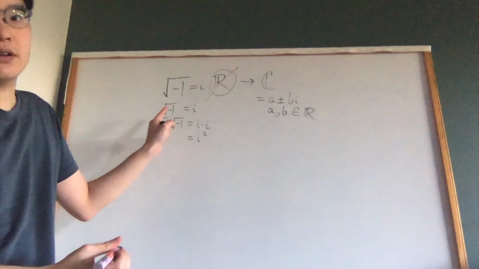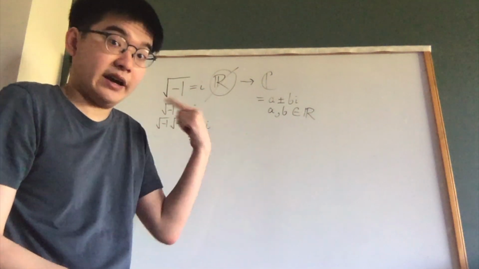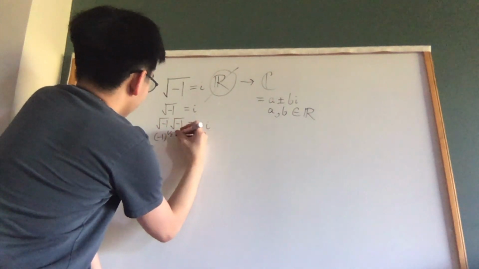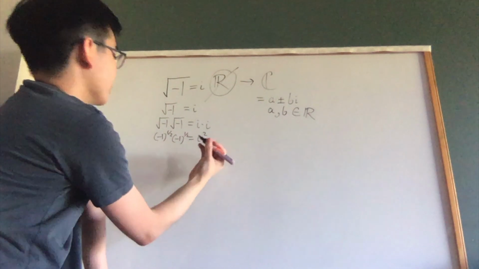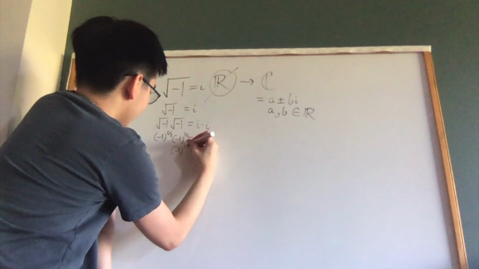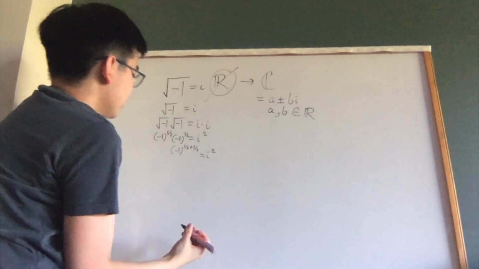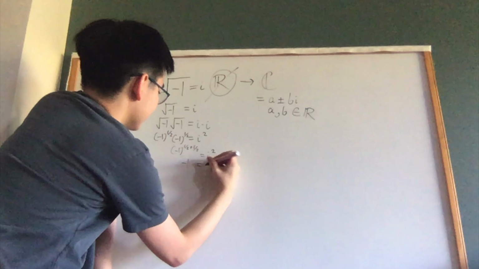And since we can represent square roots in terms of rational exponent notation, this is the same as -1 to the half times -1 to the half. So then you can add these exponents together, -1 to the half plus a half, and you get -1 equals i squared.